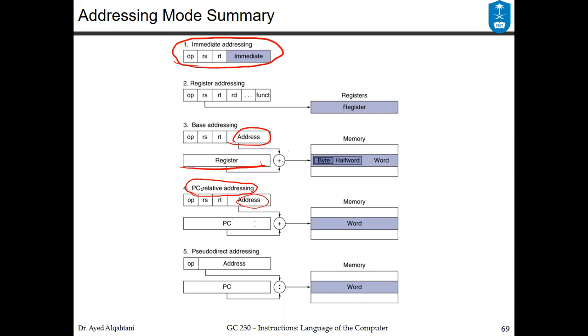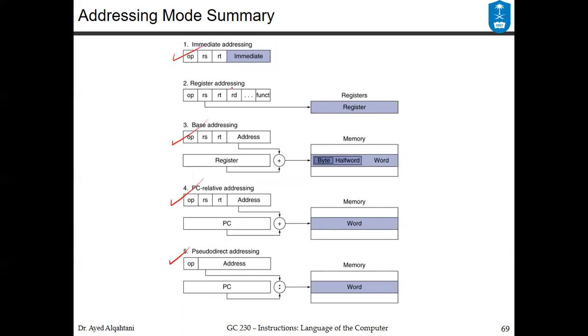And this is called the PC relative addressing. The pseudo direct addressing, which we used in the jump, we don't add, we concatenate. We take some bits from the program counter, and we take the bits from the offset. Sometimes it's shifted or not, and we chose to shift to the left by 2 bits.